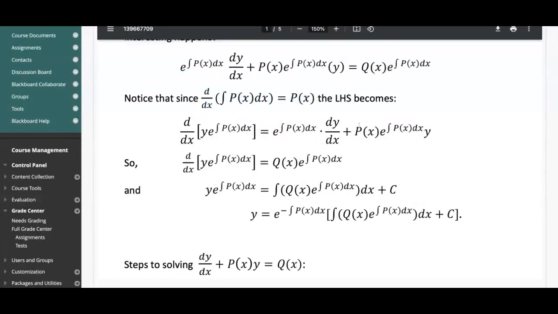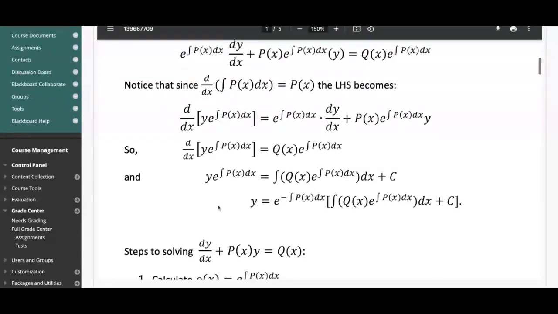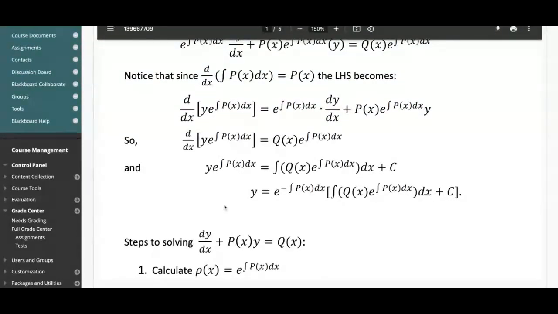Then the right-hand side. So we know these two terms equal this term. That's why we can equate this term with the right-hand side. And then what do we have?